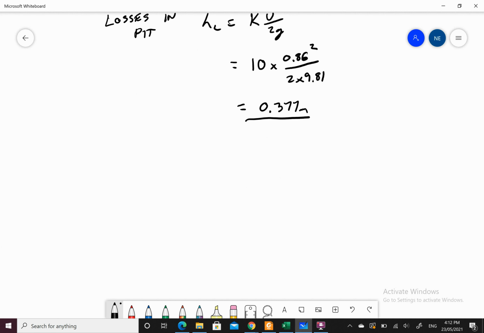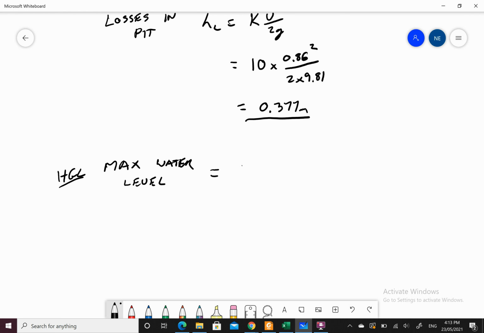My max water level in my pit, this here is my HGL, or the starting HGL. Remember, we're taking into account a 300 mil freeboard.